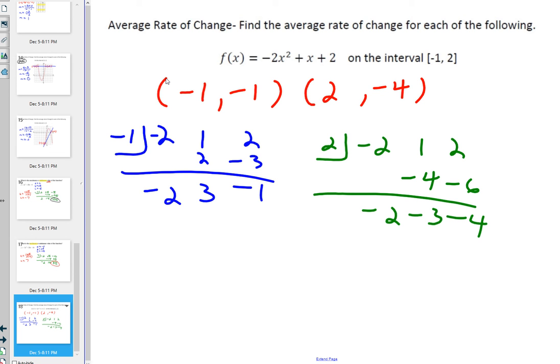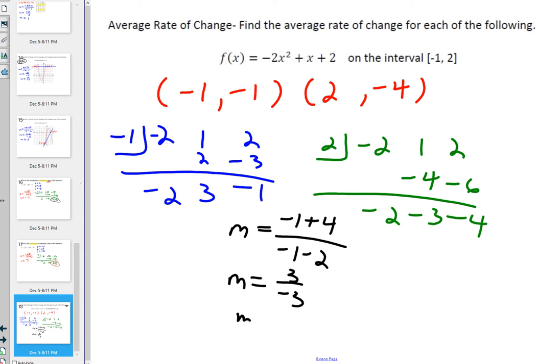And now we gotta find slope. It's negative 1 plus 4 that'll go on top, and then negative 1 minus 2. Subtract the y's on top, subtract the x's on the bottom. That's 3 over negative 3.